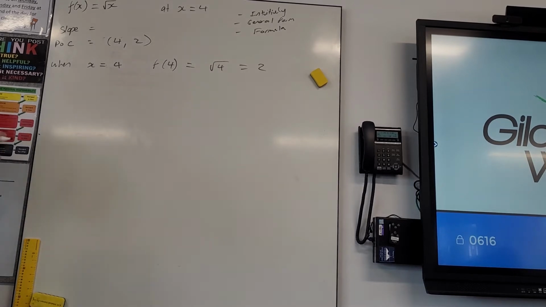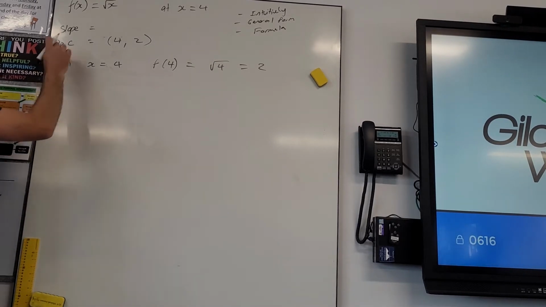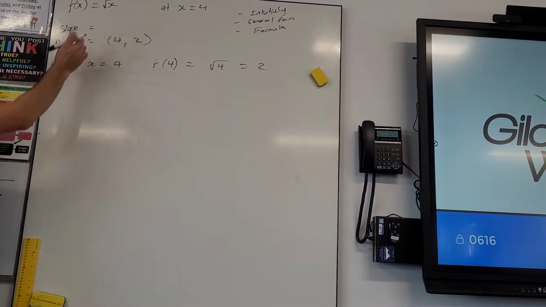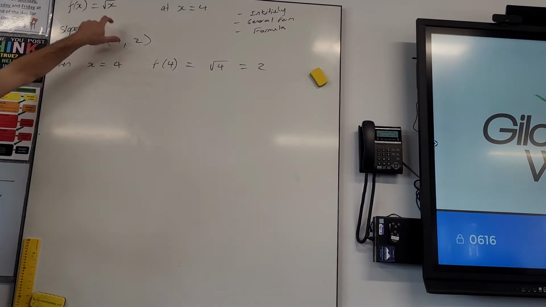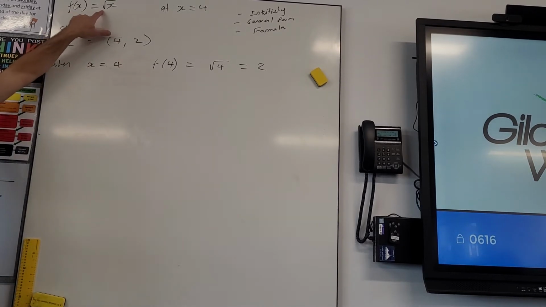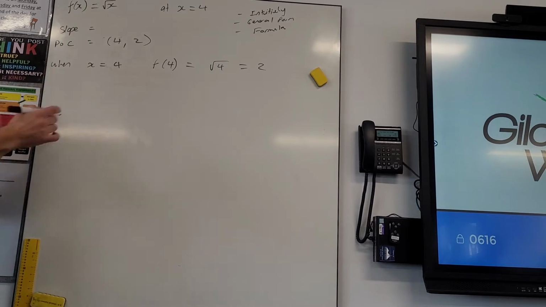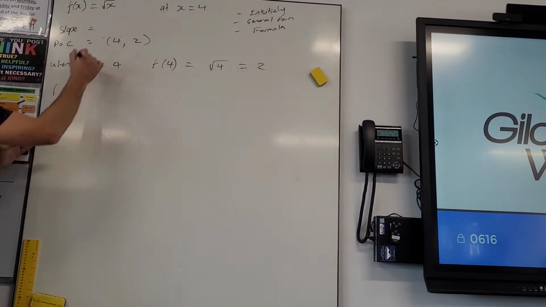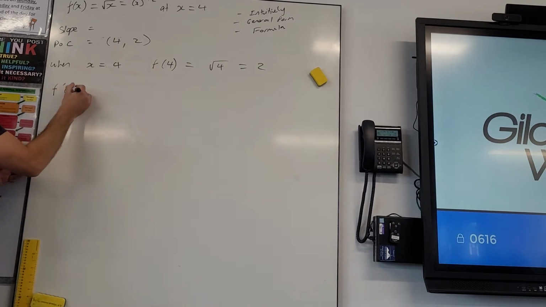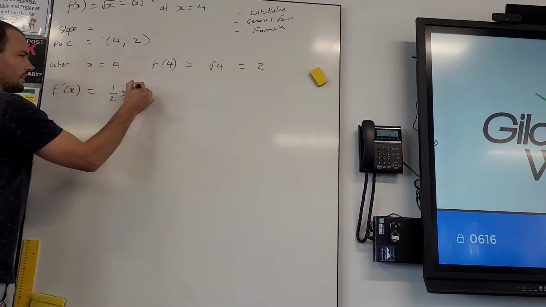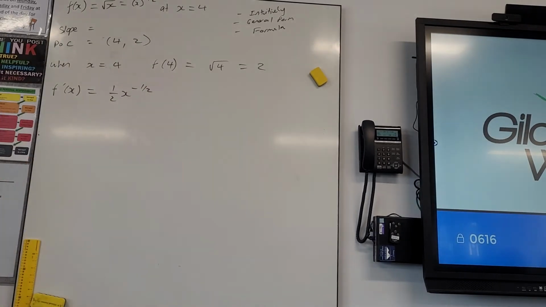We need to find the slope now. We've got the point of contact, so let's find the slope. To find the slope, we're going to find the derivative function and then put x is 4 into the derivative function, because that's going to tell us the slope for any value of x. f of x is x to the half, and so f dash of x will be half x to the minus half.